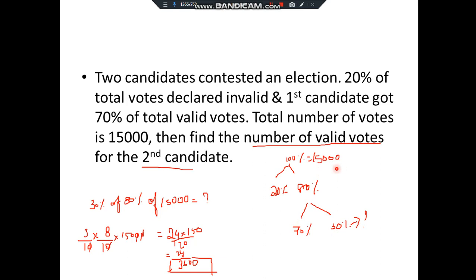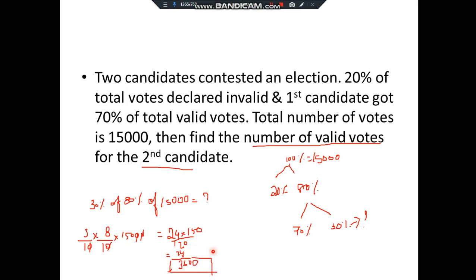Then we have to find the number of valid votes for the second candidate, which means for 30% we have to find. So from reverse, start. 30% of 80% of T, they have given us 15,000. 15,000 is equal to question mark, right? So on solving you get 3,600.